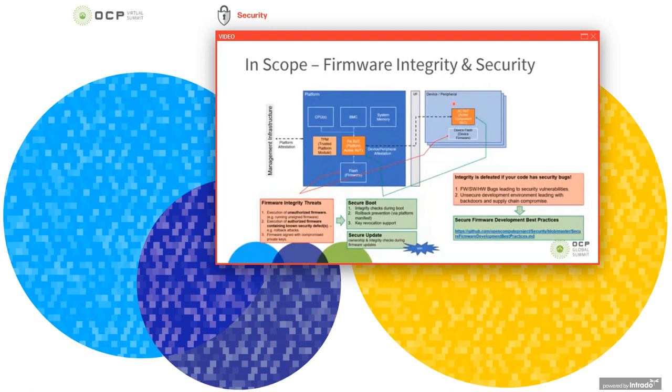So malicious actors can plant backdoors in your code and manipulate the firmware during supply chain attacks and stuff like that. That's exactly where the document I talked about before, the secure firmware development best practices, comes in.